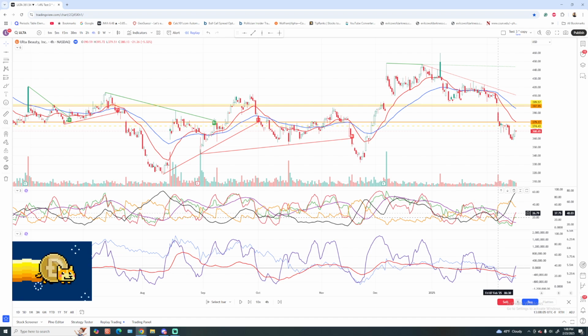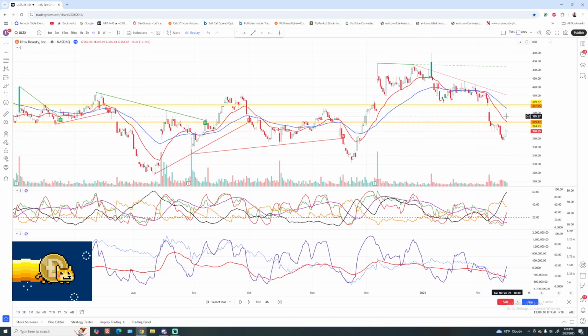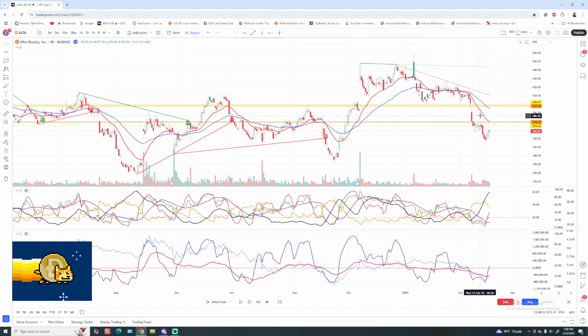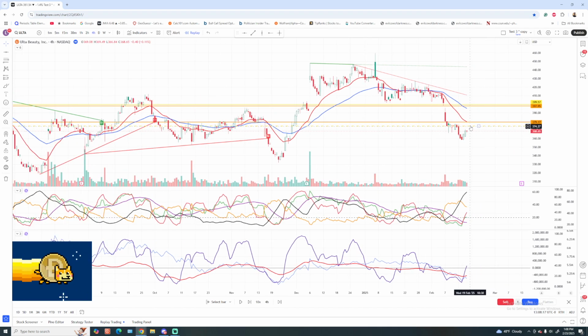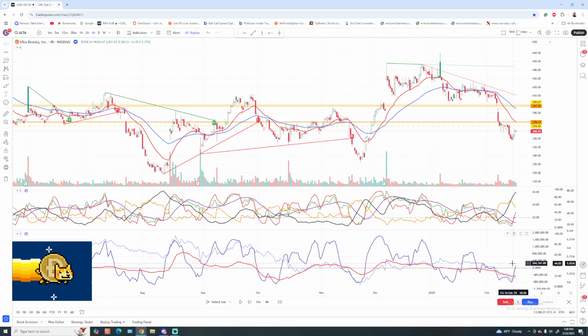When it crossed, it's all the way up at 379. So it's still below its original support. What happens is these supports become resistance. Another thing is on this indicator right here, right when this purple line crosses that red and the median, that indicates its resistance for the 4 hour.